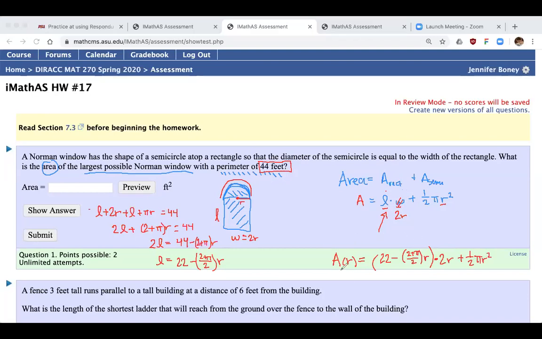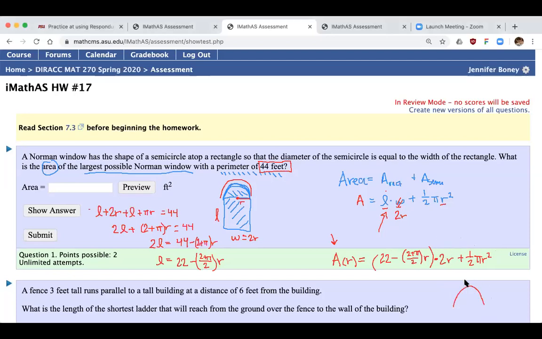But from there, I have area as a function of one variable, and I could use a graphing calculator to graph this, I could take a derivative and figure out when it's equal to 0, because, thinking about the format of this, I've got negative something or another r squared plus a 44r. So it's some sort of parabola.